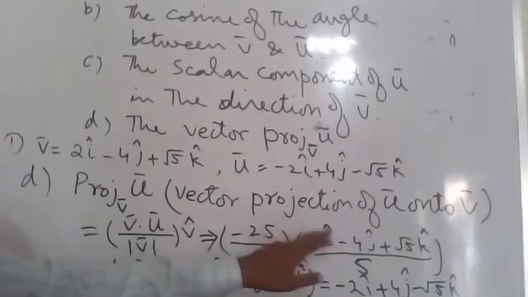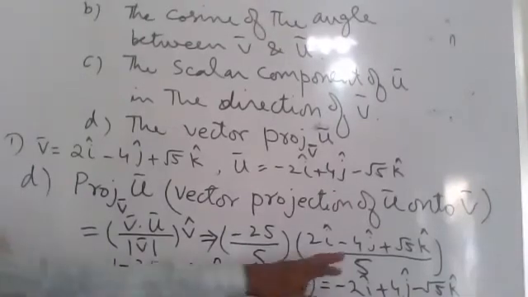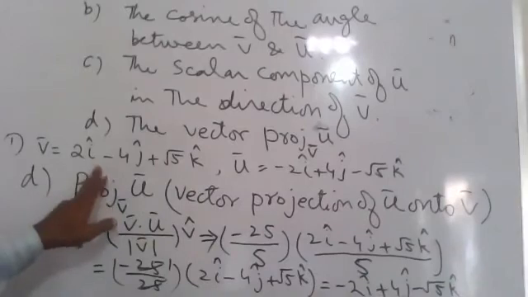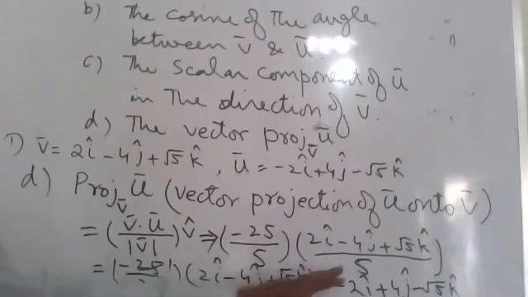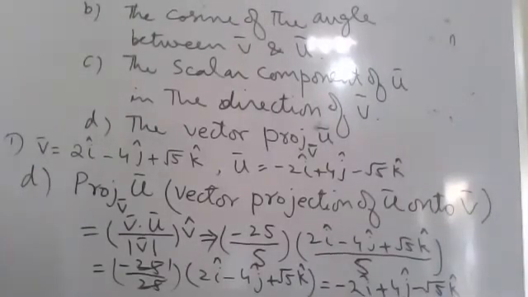When we divide by the magnitude, it becomes the unit vector. Otherwise, if we do not divide by the magnitude, it remains the vector itself. So in this way we find the vector projection of U onto V.